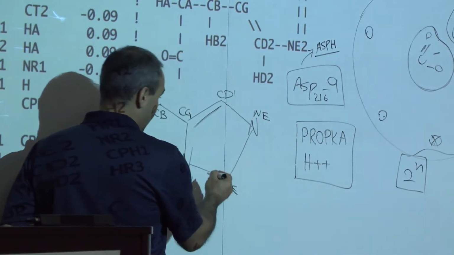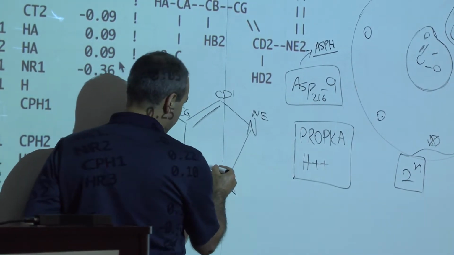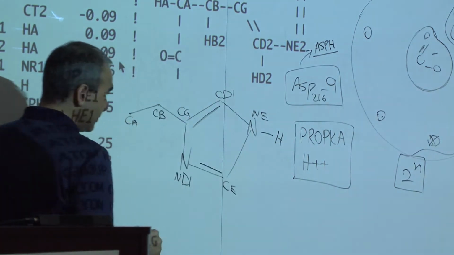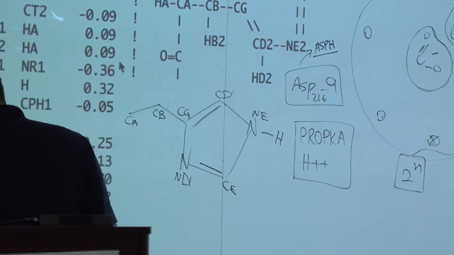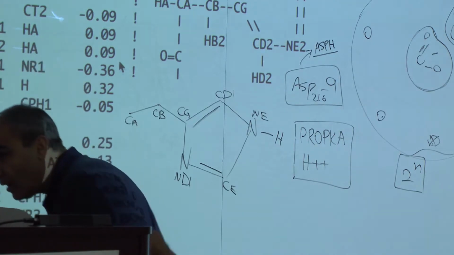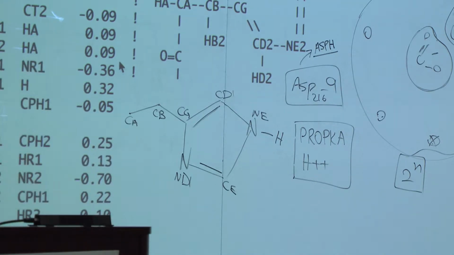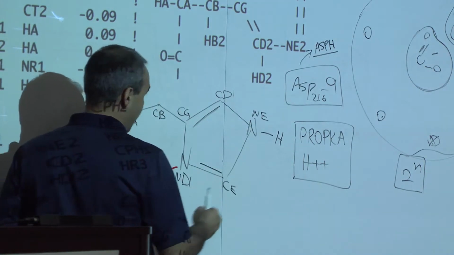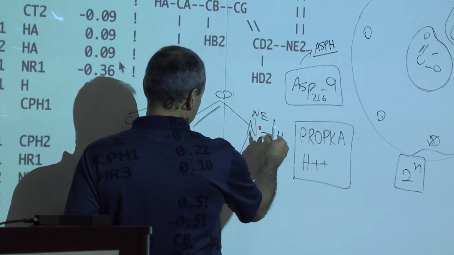But then there are two tautomers possible. You can have the double bond here and the proton connected here. And I wish I had a different color. Oh, yeah, I think I have discovered different colors. And you can have the hydrogen here and the lone pair here.